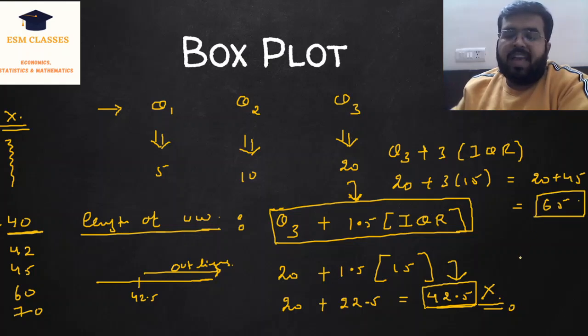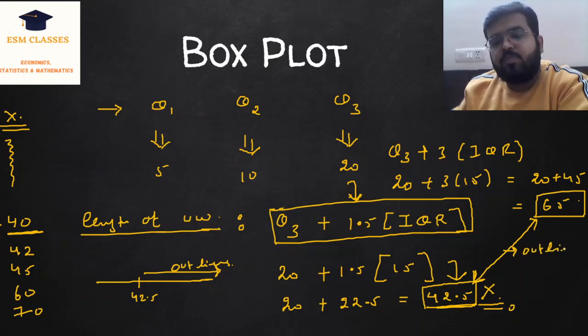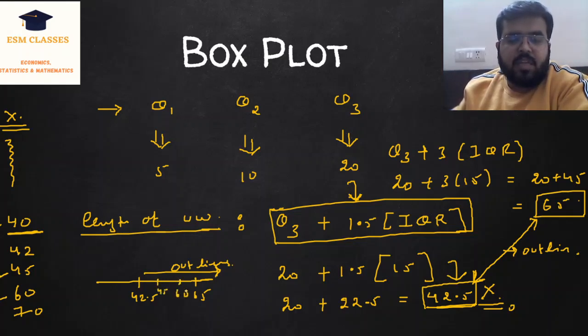Now, any value that lies between these two values is known as an outlier. So if I mark here 65, in my data set 45 and 60 are my outliers, and I will denote an outlier by a circle.